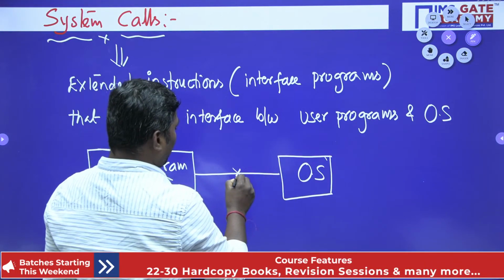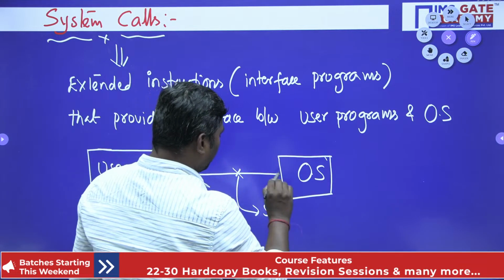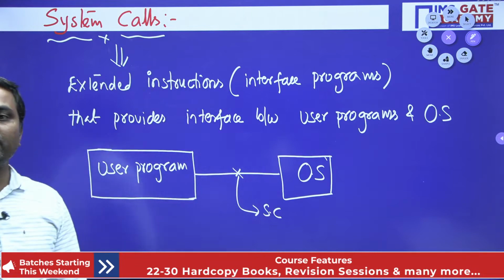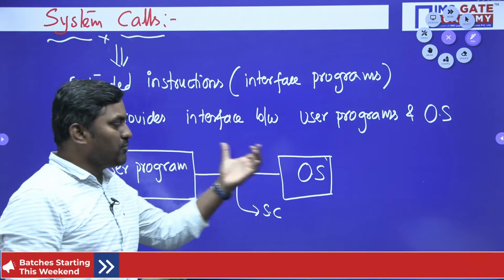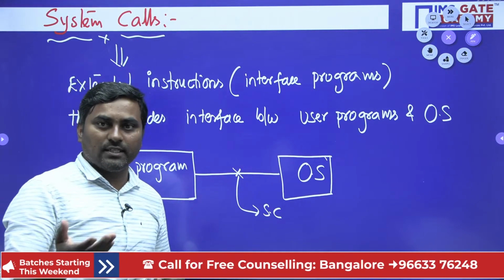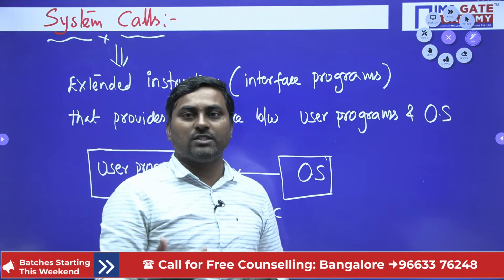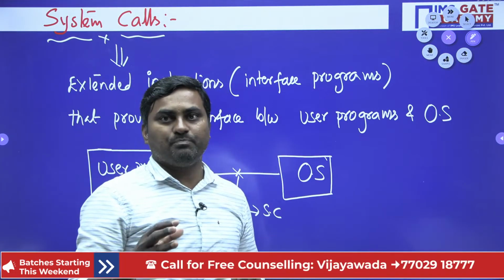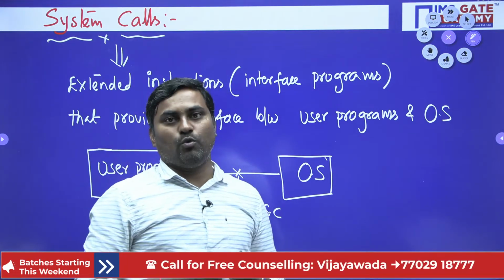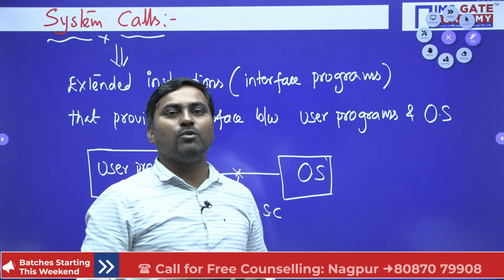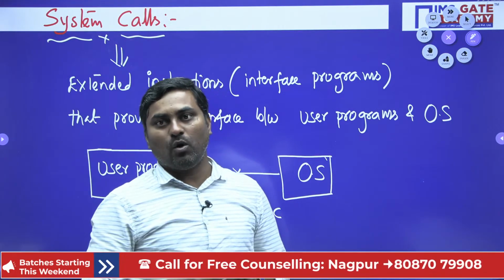Understand? These are the system calls. System calls provide an interface between programs and the operating system. Yes or no? That's one. Write system call, read system call, open system call, whatever you use, that's the interface to the operating system only. We take service from the operating system through system calls only.